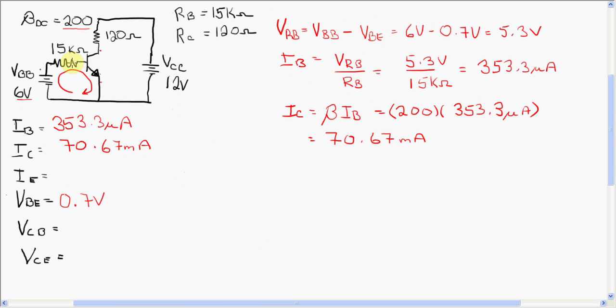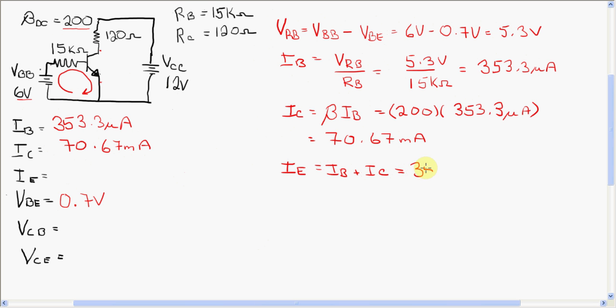If you imagine that the transistor is in essence a device with two currents, a base current and a collector current, there are two ways in and only one way out, on the emitter. So the emitter current is the sum of the base plus the collector.